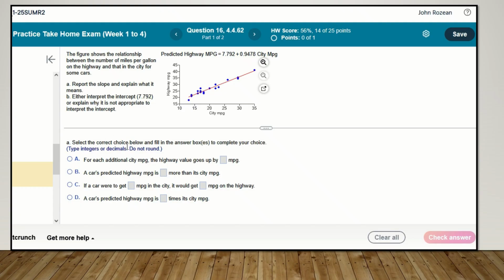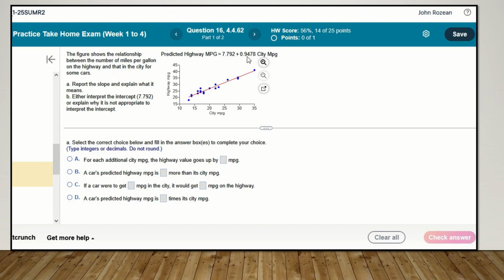So select the choice below and fill in the answer boxes to complete your choice. For an additional city mileage, so we're talking about the X here, the highway would go up by this value right here.